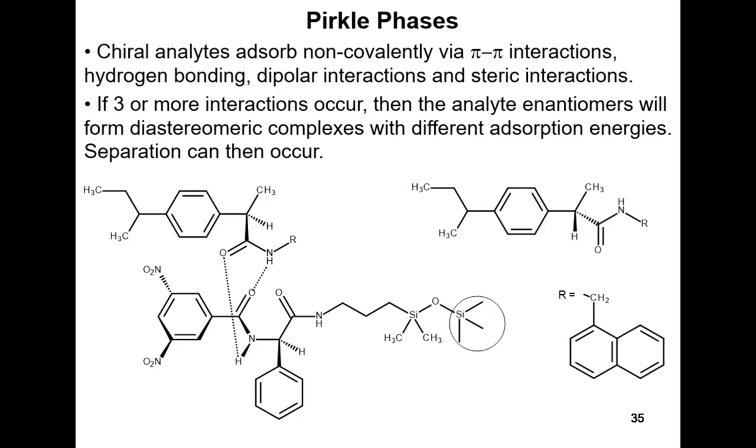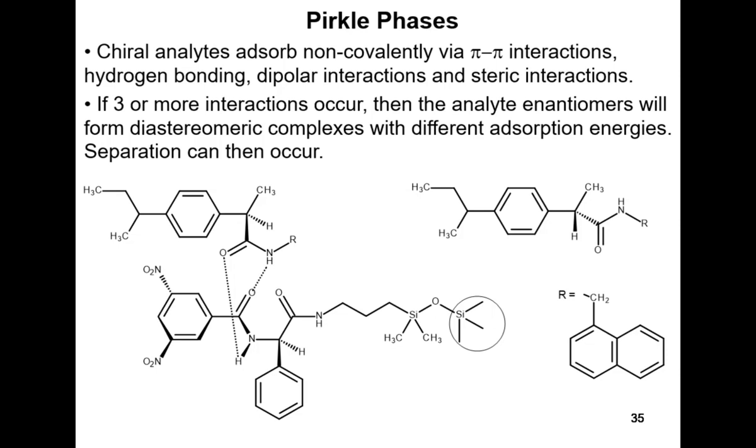But if we were to switch the orientation here, now just think that what we are trying to do is to keep that methyl group poking away from the surface. It's not going to bind very strongly.